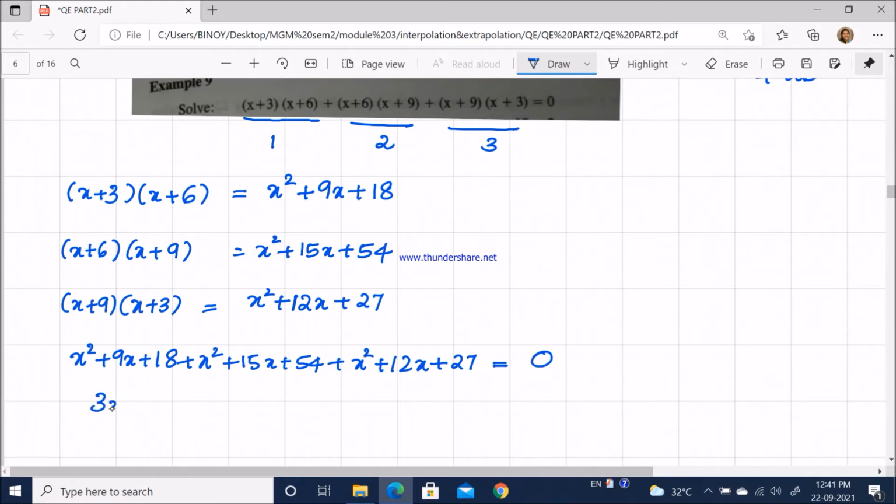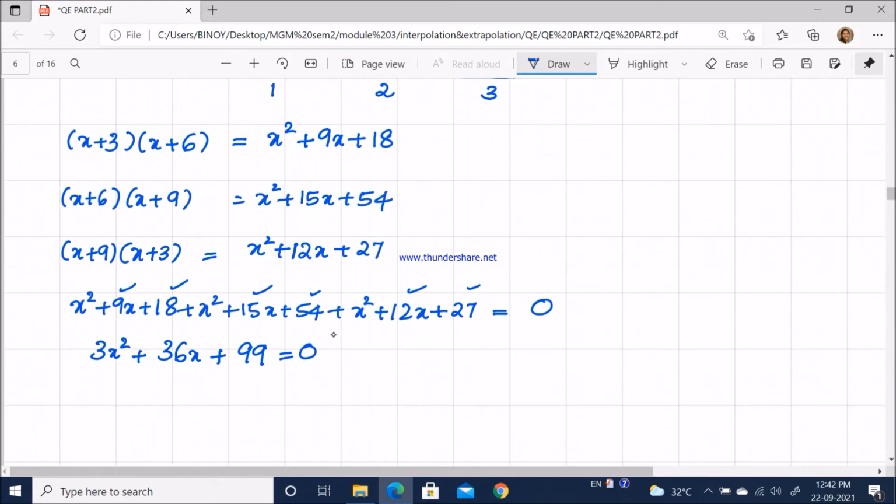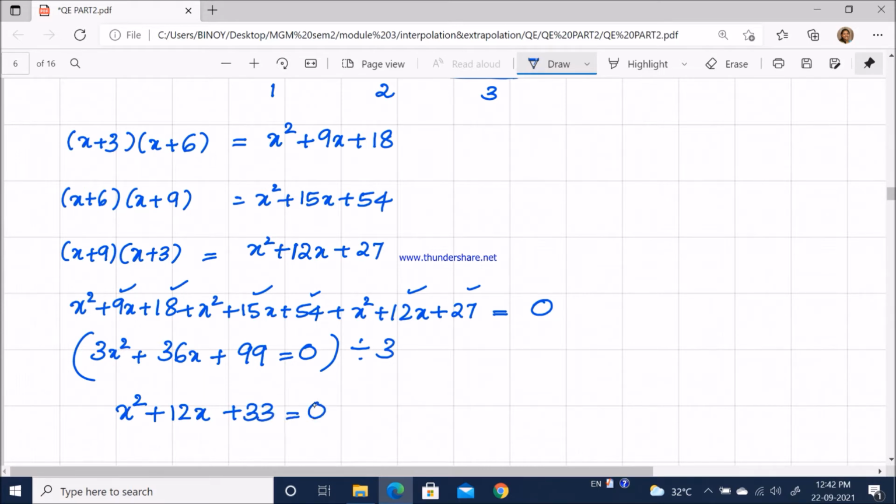We have 3x square plus, when you add 9x, 15x and 12x, it is 36x, plus 18, 54 and 27 together we get 99. Dividing by 3, we get the expression x square plus 12x plus 33 equals 0.